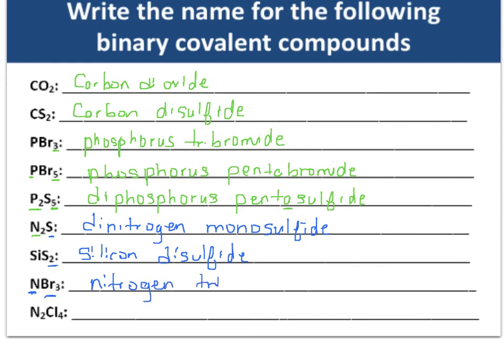Nitrogen tribromide. We have 2 nitrogens, so that's dinitrogen tetrachloride, because we have 4 chlorine atoms. Okay, and there you have it.